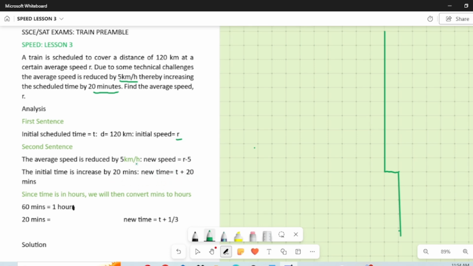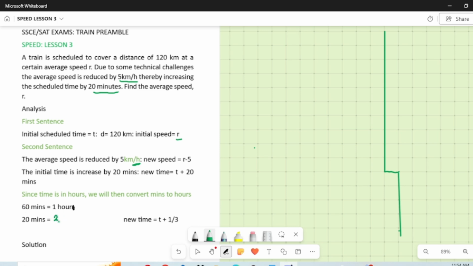But the time should be in hours because they are traveling and the speed is in kilometers per hour. So we cannot use 20 minutes unless we use hours. Let's convert the 20 minutes to hours. 60 minutes is the same as 1 hour, so 20 minutes will be equal to what? If less, more divide.